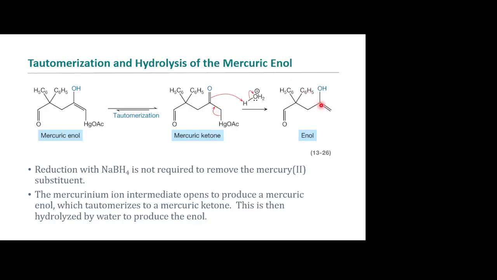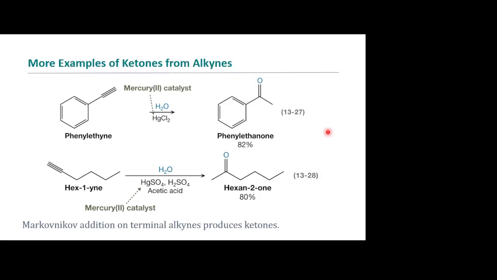And so that's going to just directly give you your enol form. No hydride necessary. Cool. The enol form then can very easily rearrange to the keto form. And so we'll get that same result, just no hydride necessary.